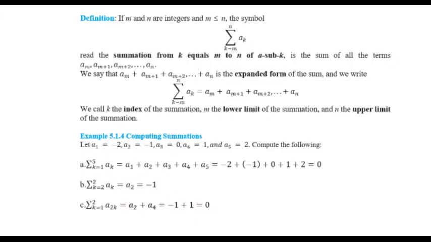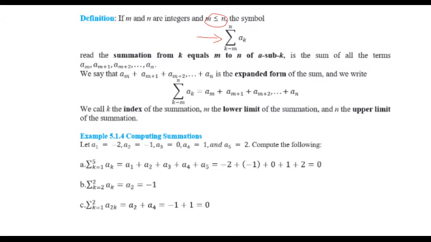Okay, so we continue chapter 5 with a definition. We say if m and n are integers and m is not greater than n, then this symbol, which you can read as the summation from k equals m to n of a sub k, is the sum of all the terms of the sequence a_k from index m to index n.